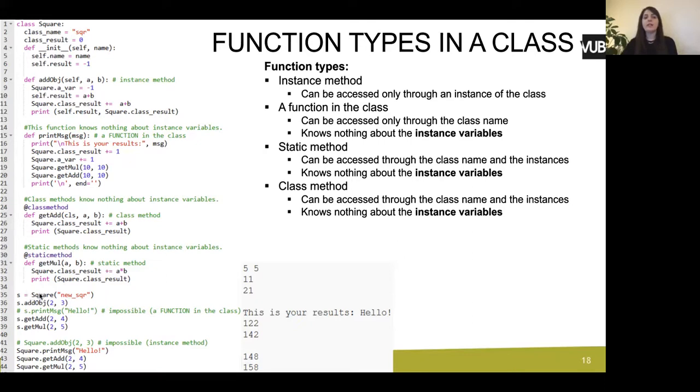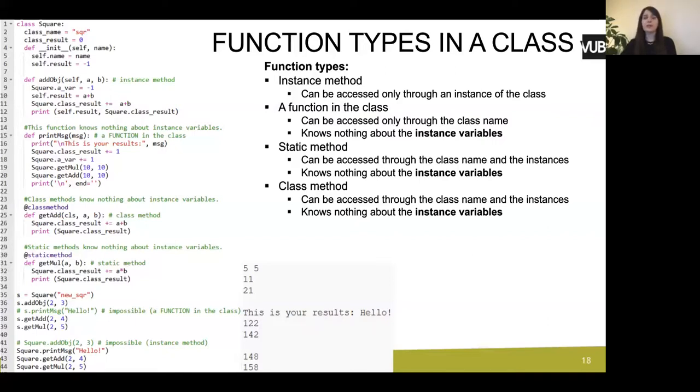Here I'm creating an object of this class, and I can call this instance method using the name of the instance. And if I do that, I can see these results, 5 and 5. It can be accessed only through an instance of the class because it needs self, and self is referring to the instance of the class that is calling this function.